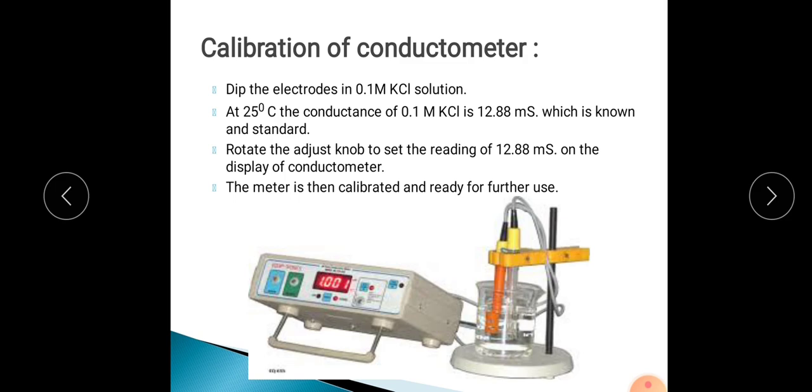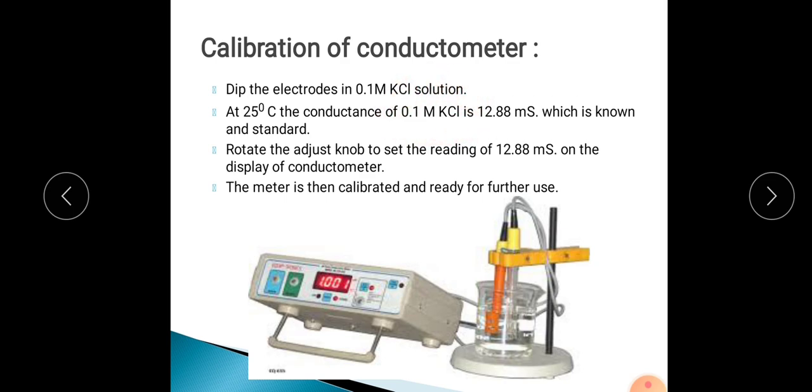For that purpose, generally a 0.1 molar KCl solution is used. We know the 0.1 molar KCl solution has a standard conductance of 12.88 millisiemens, at room temperature, at 25 degrees Celsius.